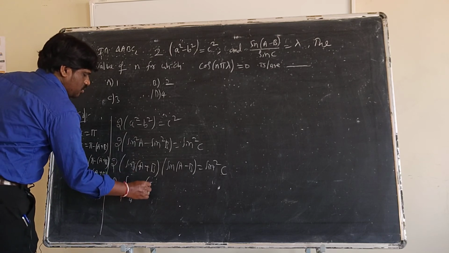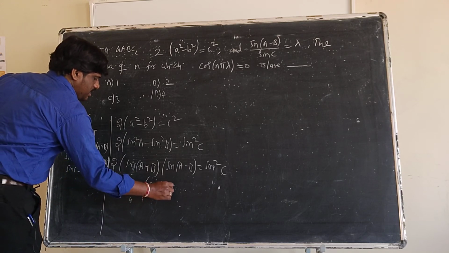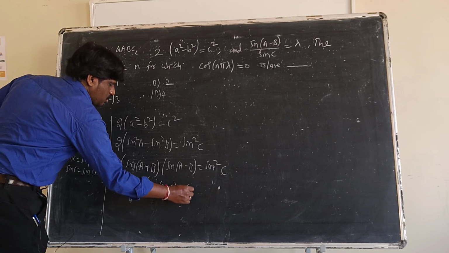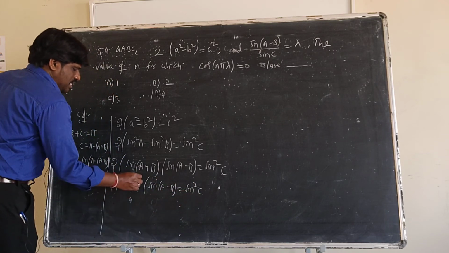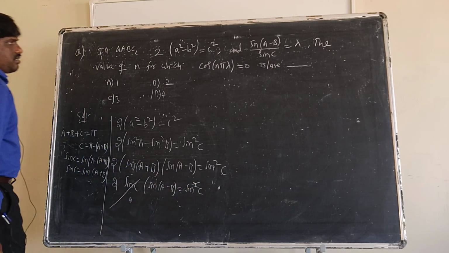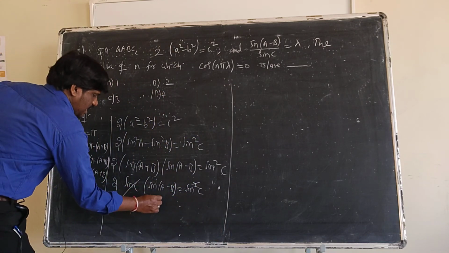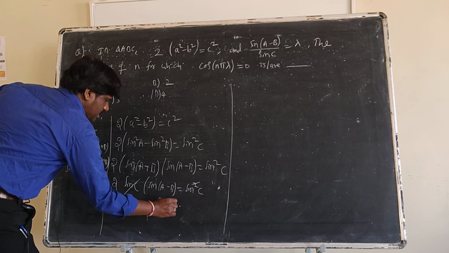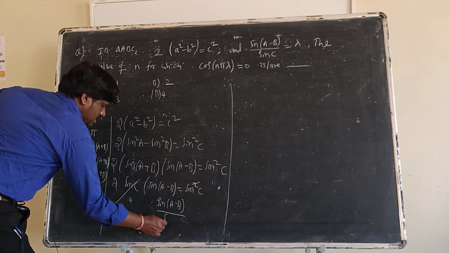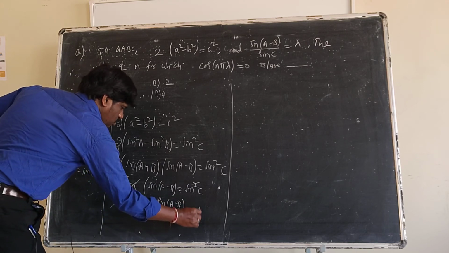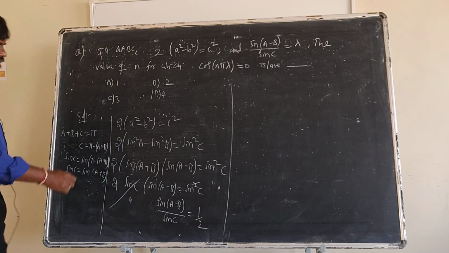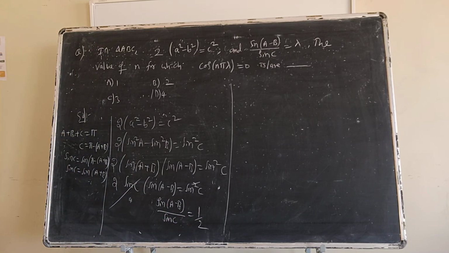Sine c into sine of (a minus b) is equal to sine square c. One sine c, one sine cancel out. What I am going to get here? I am going to get sine of (a minus b) divided by sine c is equal to half.